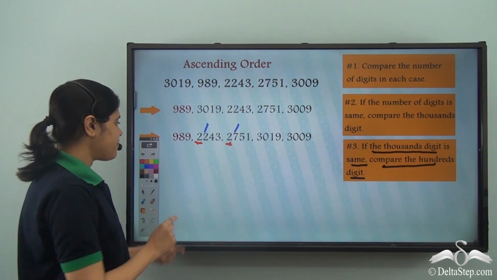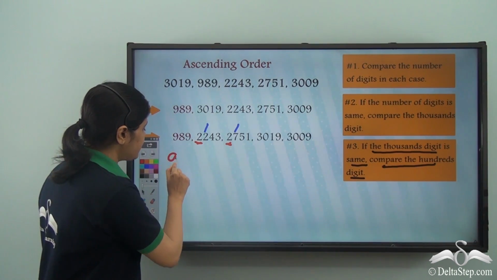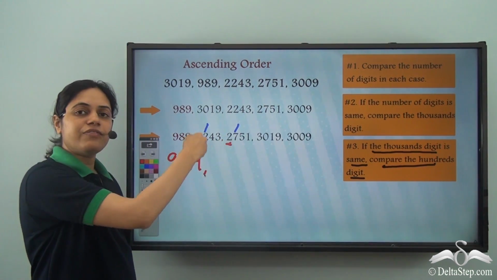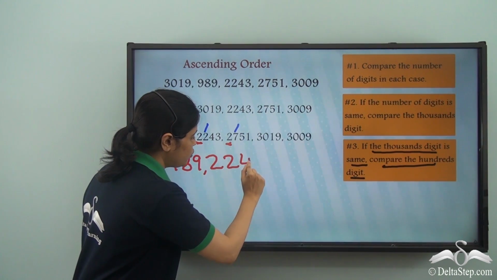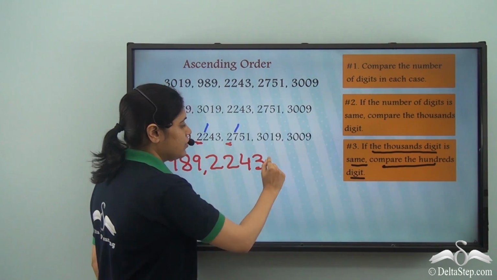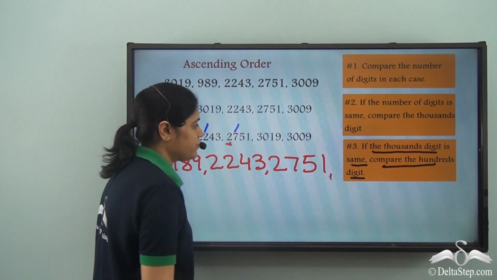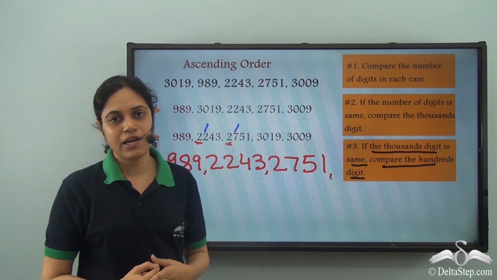So 2751 will come after 2243. So let's write it. 989, 2243, 2751.